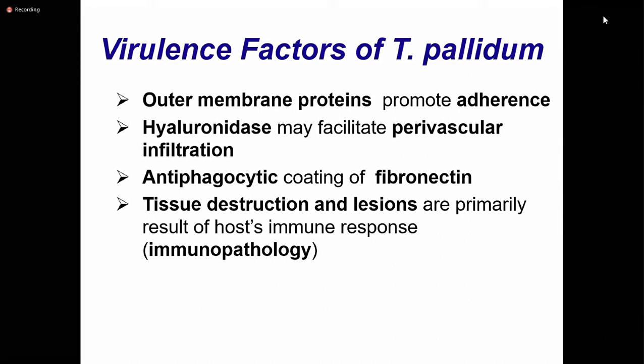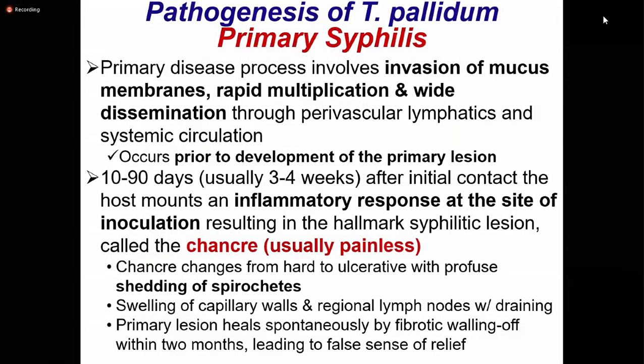That's why we sometimes call it a spreading factor, because it allows the bacteria to penetrate. It has an antiphagocytic coating of fibronectin, and the tissue destruction due to these bacteria is primarily related to the host immune response. So these are the pathogenicity features of Treponema pallidum.